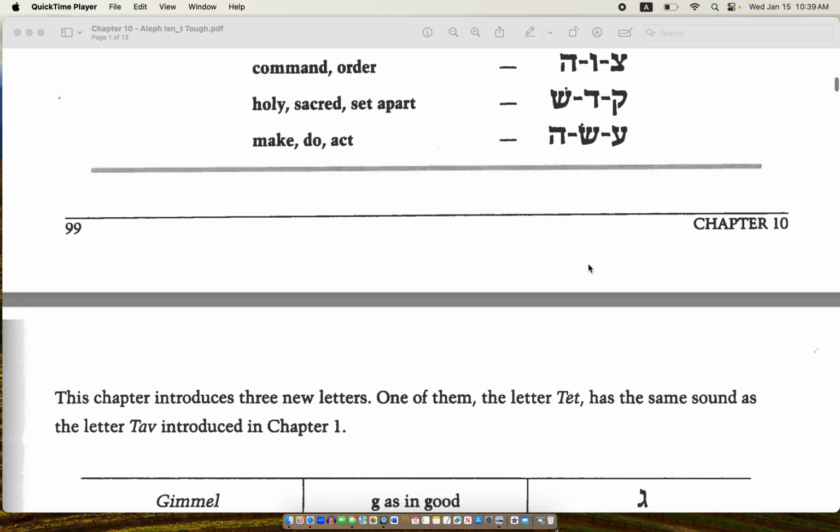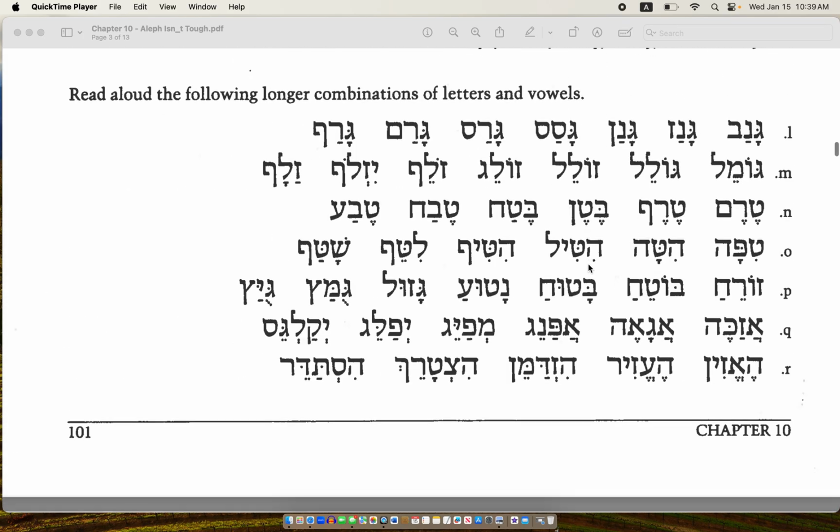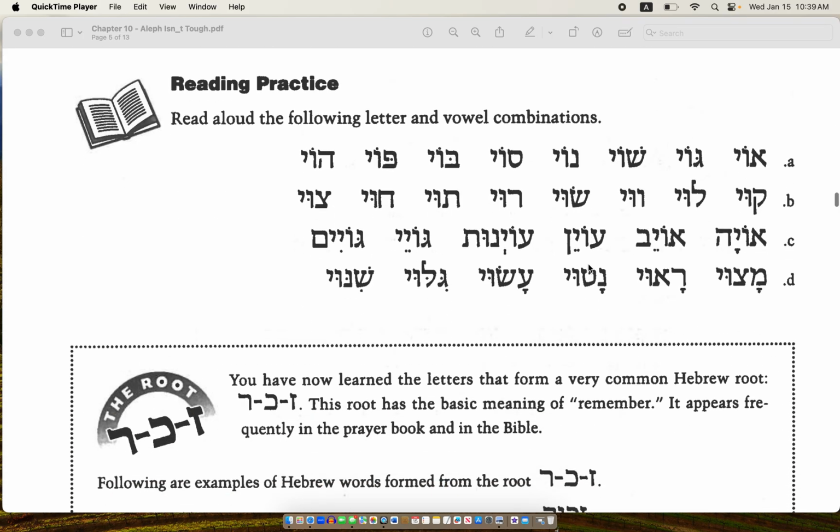Okay. The reason it might seem confusing is we have a yud coming before this second yud, but it doesn't matter. If this yud was here or not, it would still be yay, if that makes sense. If it was a shin here, it would be go shay. If it was a bet, it would be go bay. It's a yud, so we say go yay.